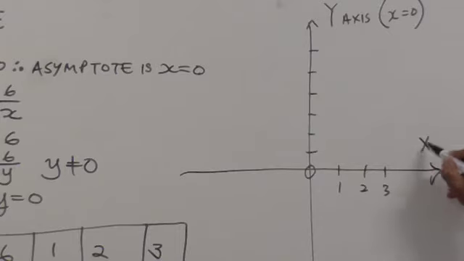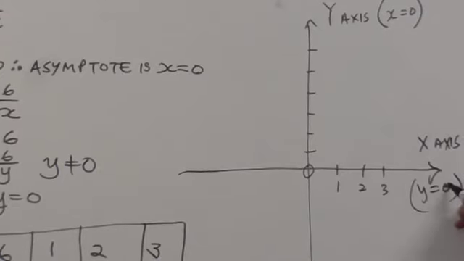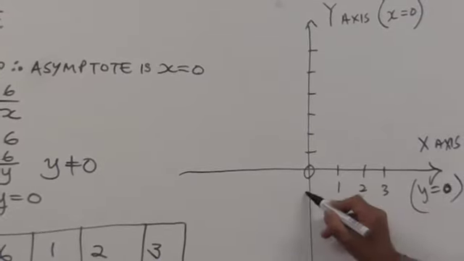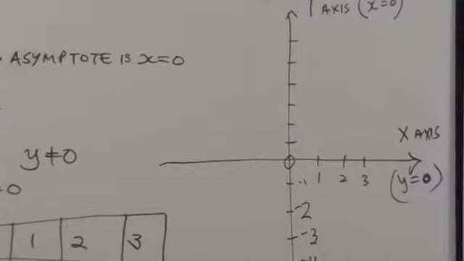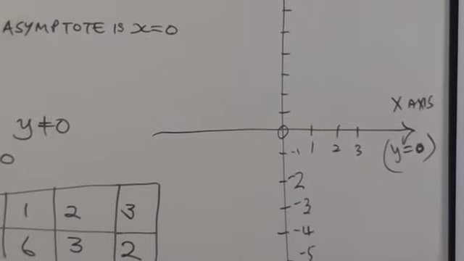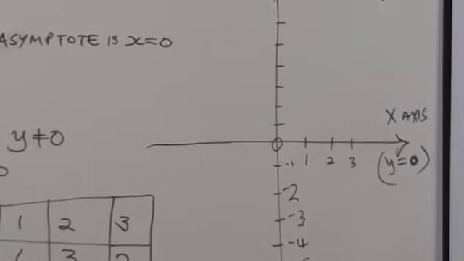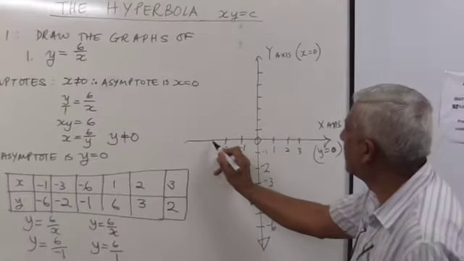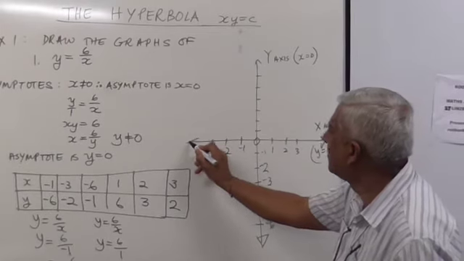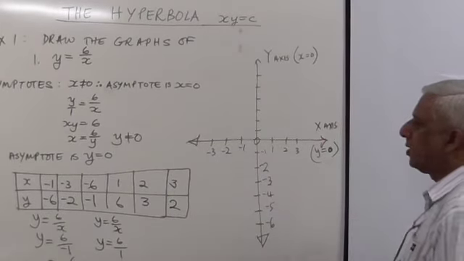This is your x-axis, and actually it is y equal to 0. And then here you need -1, -2, -3, -4, -5, -6. And this side you need -1, -2, -3.